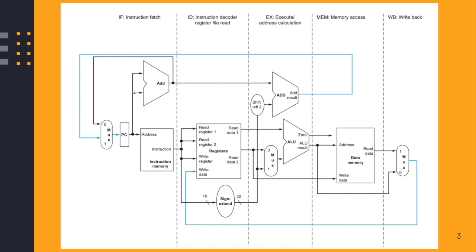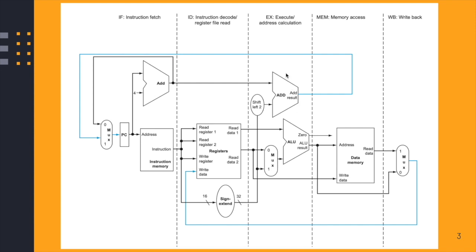If I am an R format, if I am an I format, even if I am a J format, I will always get the value of the RT register. So here we got the value of the RS, here we got the value of the RT, and that's the end of the register file phase, or overall the instruction decode and register file read stage.